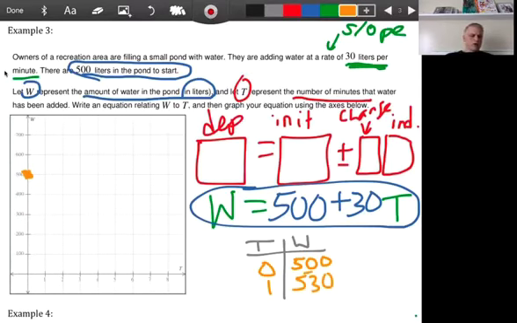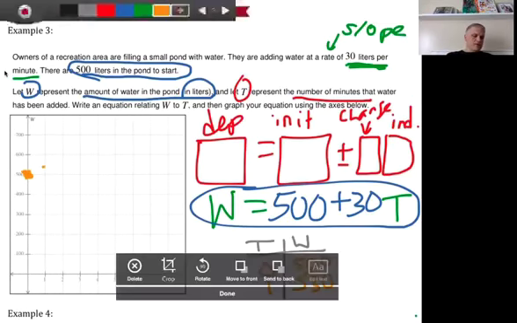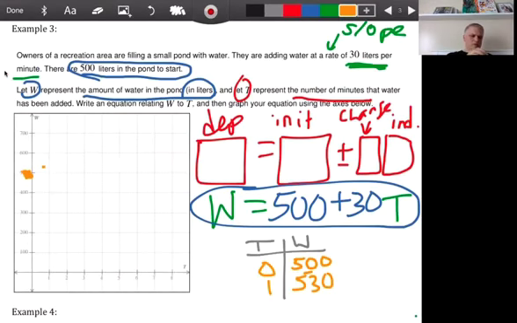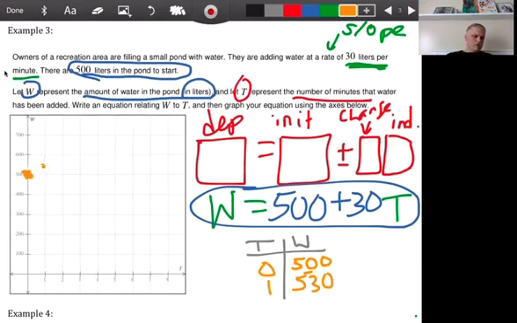Okay, so we go to 1, and then we go up 530. Now, your grid has 500 and then 600. So you're going to have to estimate a little bit here. So it's less than half. I'd say it's somewhere around there. Okay. Somewhere on that spot. I'm going to do one more. Let's pick 5.